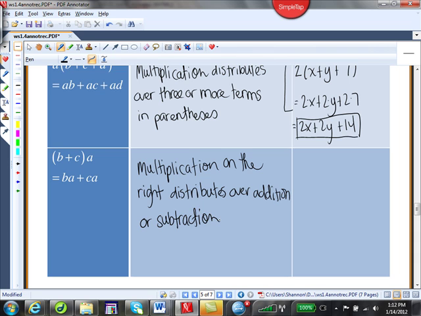So an example: x minus 5 times 4 would equal x times 4 minus 5 times 4. So this here is the illustration of the property, and this would give us a result of 4x, if I use the commutative property, minus 20.